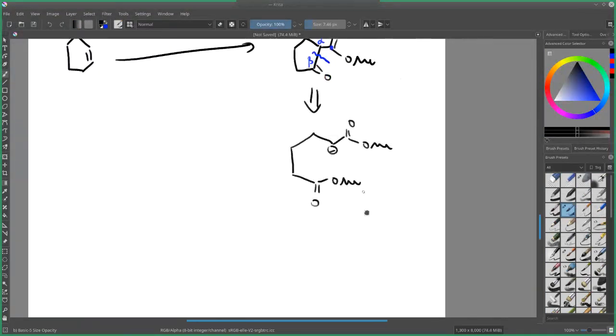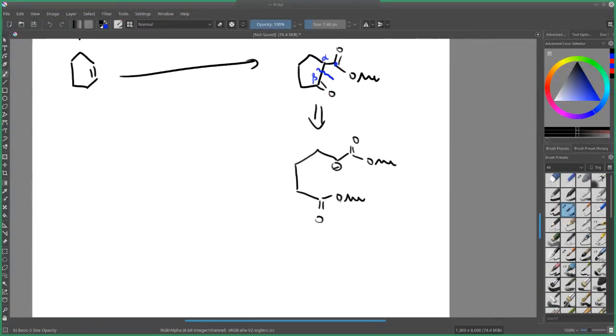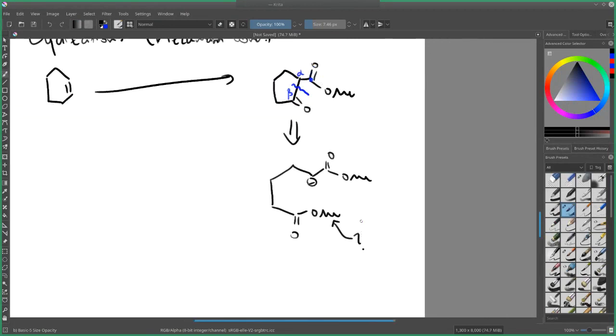Here it's this ester because we had to kick that ester off. And we don't know exactly what ester it was, but we can say O-methyl just for the sake of things.